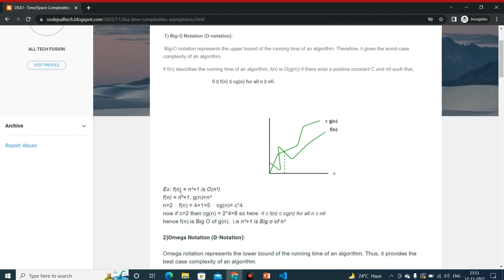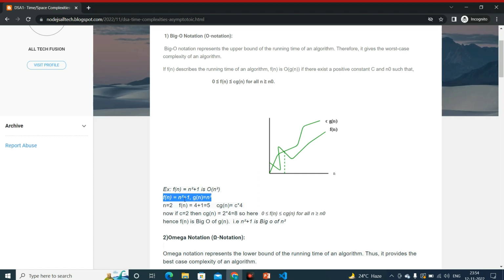We'll take one example. Here I am saying that f of n equal to n square plus 1 is big O of n square. Again I am repeating, n square plus 1 is big O of n square. How? We'll check.